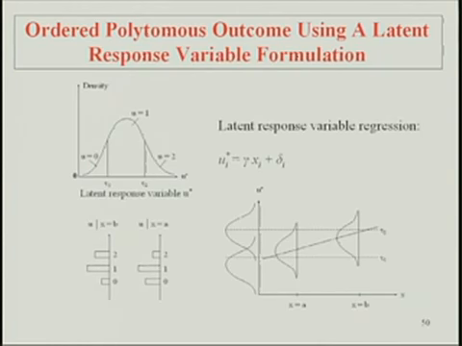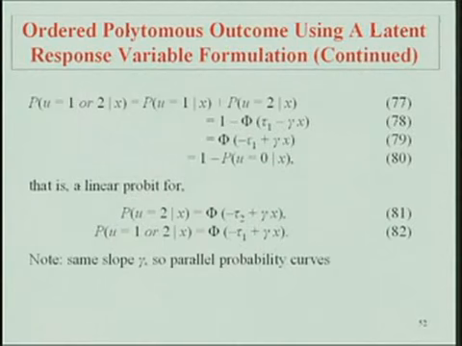And the statisticians instead like to work with the combined events, U equals 1 or 2. In these formulas on page 52, that's laid out. I'm not going through the details of that, but the punchline is, again, 81 and 82. For a probit, the probability of it being the highest category is a linear probit expression.